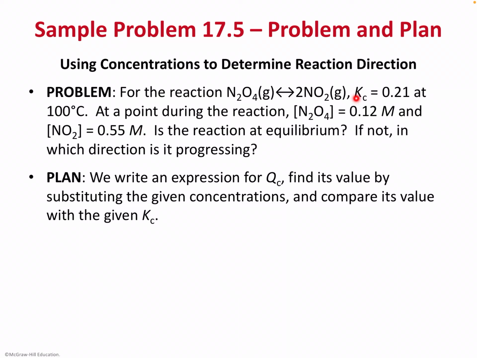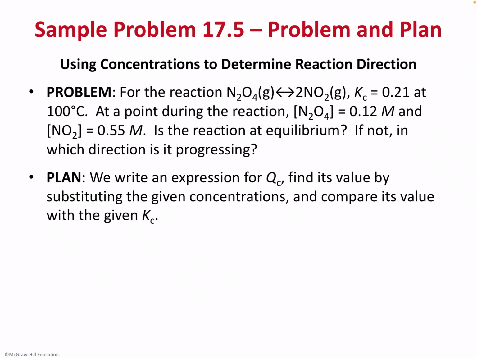We are given Kc and the concentrations of the reactant and product at a point during the reaction. From these we can find Qc, and if Qc is equal to Kc, then it is at equilibrium. If Qc is less than Kc, then it has to make more products. If Qc is greater than Kc, then the reverse reaction should take place.